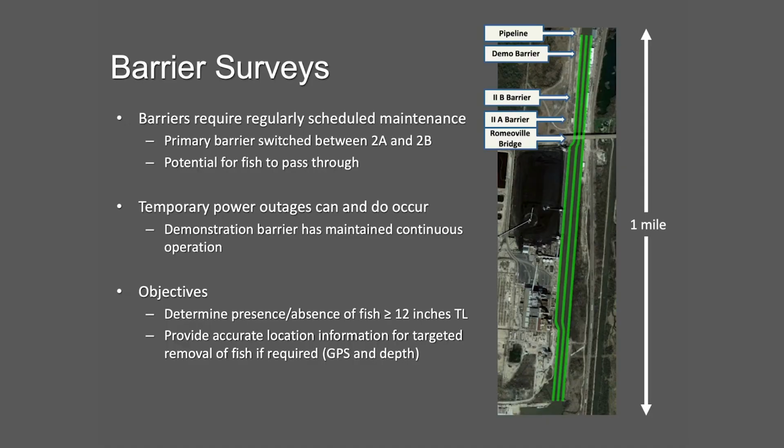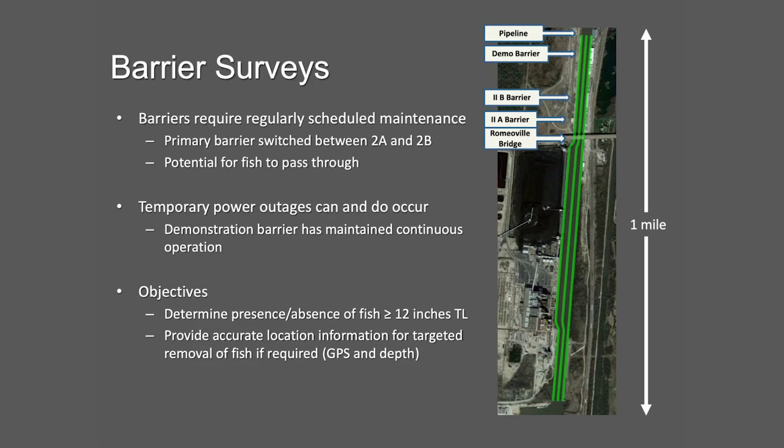Okay, so the barrier surveys that the Fish and Wildlife Service has been doing are basically from Hansen Material Services, just up to the pipeline, which is just upstream of that demonstration barrier I pointed out.